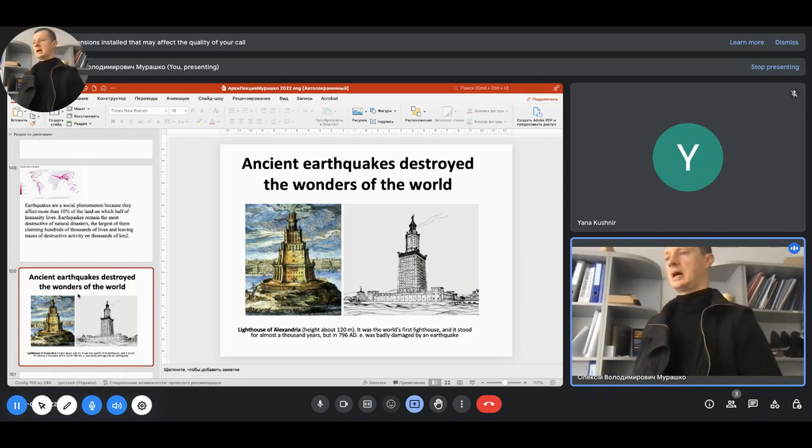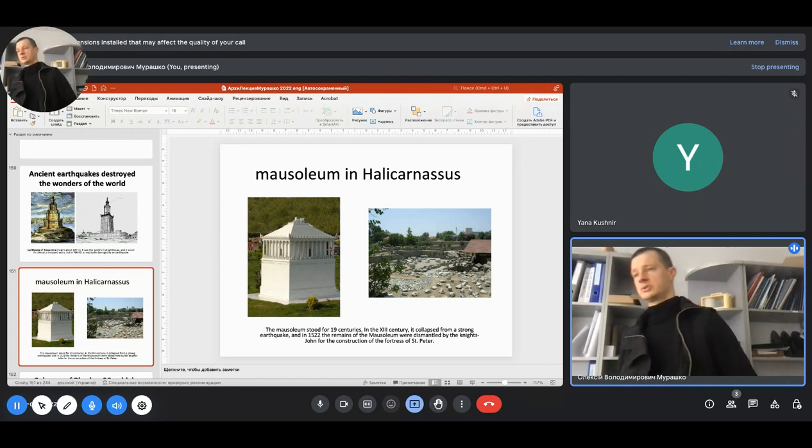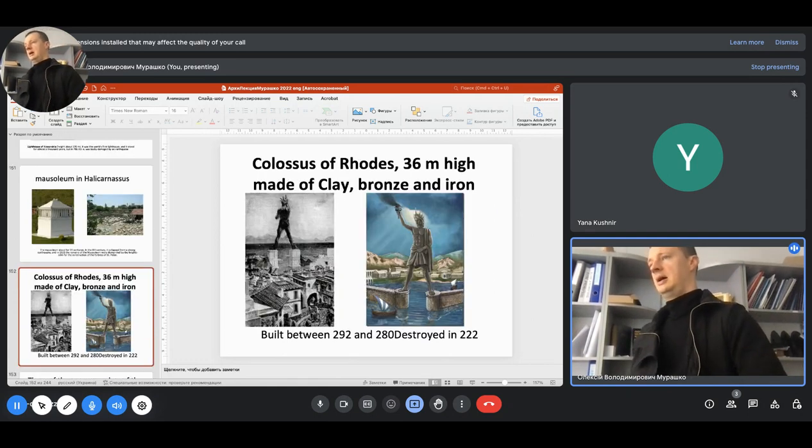First of all, the Lighthouse in Alexandria. It had a great height of more than 120 meters, and it was destroyed by an earthquake. Next is the Mausoleum in Halicarnassus. It also was destroyed by an earthquake. And next, the Colossus of Rhodes. It was also destroyed by an earthquake.